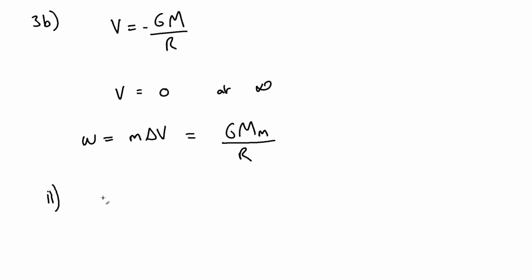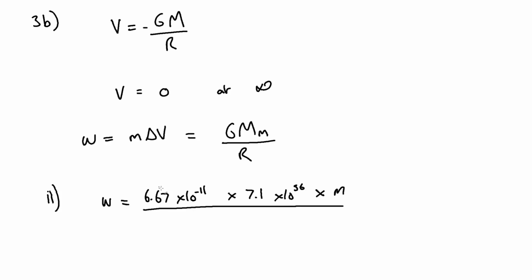The work done, which will be the kinetic energy that it needs initially, is going to be 6.67 times 10 to the minus 11, big G, multiplied by the mass of the black hole we worked out earlier, which was 7.1 times 10 to the 36 kilograms, whatever mass of the black hole you calculated. And the distance from the centre of this black hole is 1 times 10 to the 10 meters.